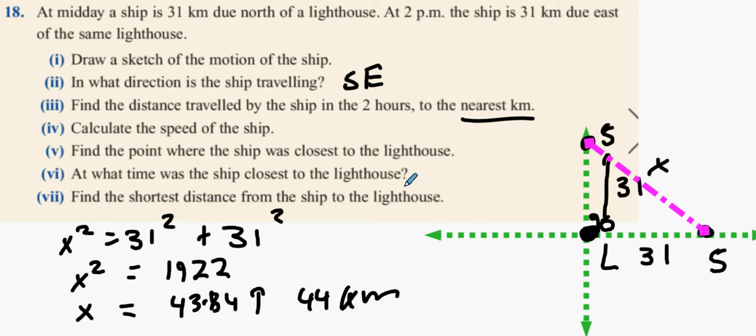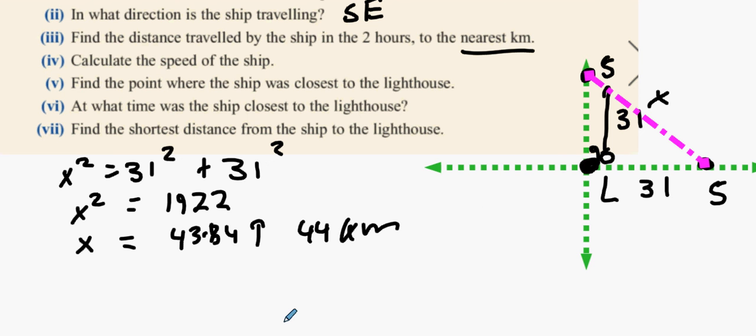Calculate the speed of the ship. How fast is the ship going? 44 kilometres in how many hours? 2 hours. That's the rounded off answer though, isn't it? Yeah. So it's not actually going 22 kilometres an hour, but it's a rounded off answer.